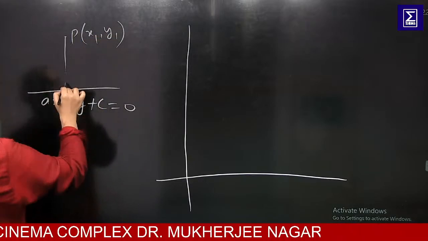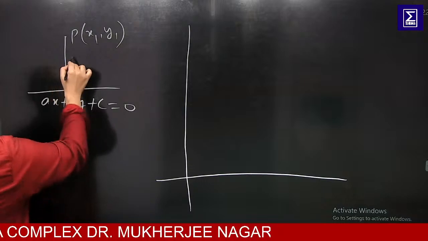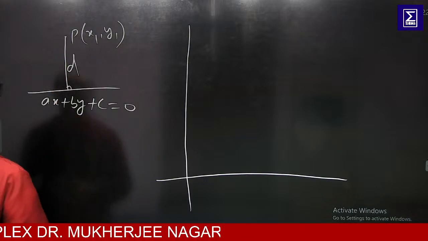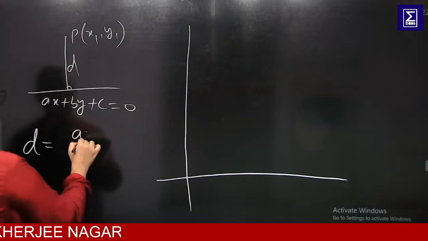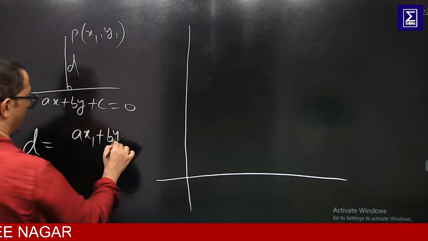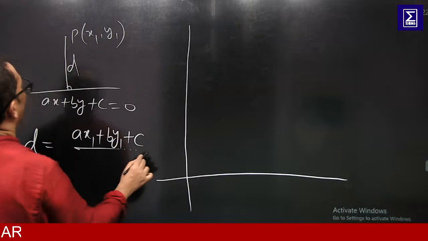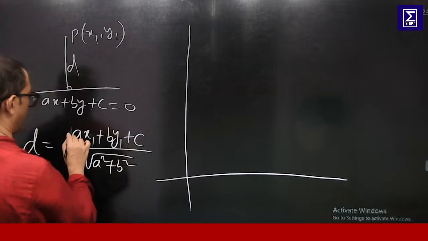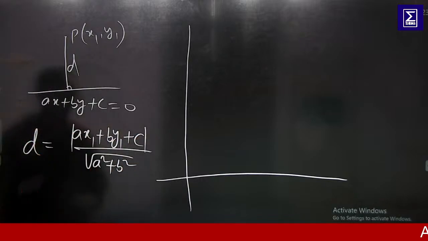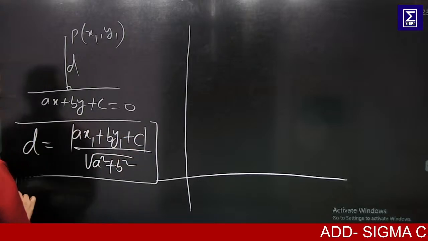We have to find this distance. This is the perpendicular distance, let it be d. So d will be equal to ax1 plus by1 plus c upon root under a square plus b square. So we shall be dealing with this formula. We are going to prove this formula actually.